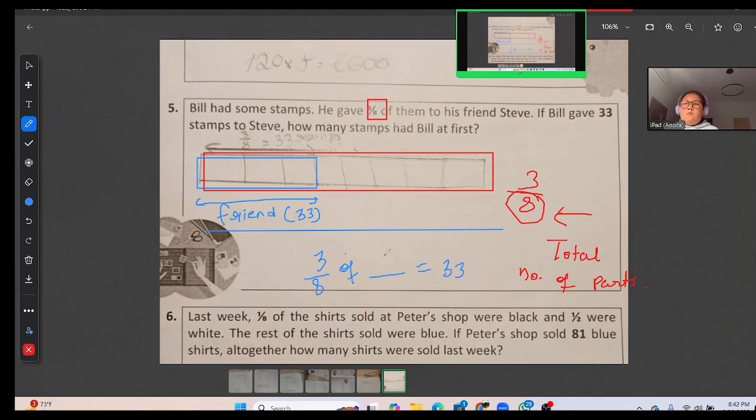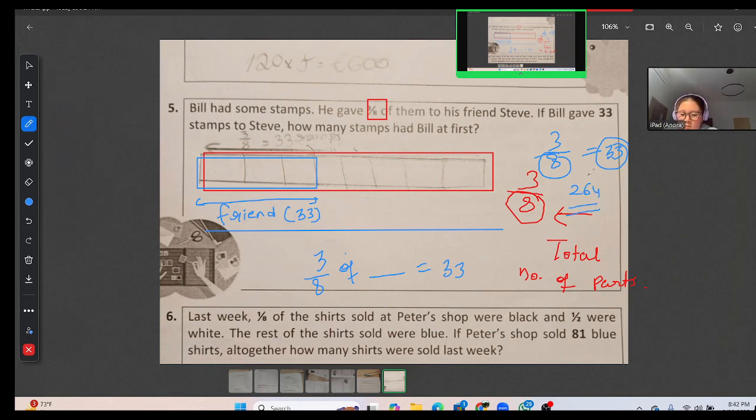Whenever you have this kind of question, where he has 3/8 and the number is this, what you can do is multiply this 33 with the denominator. What is the denominator? 8, right? So multiply 33 with 8, and you would get 264.